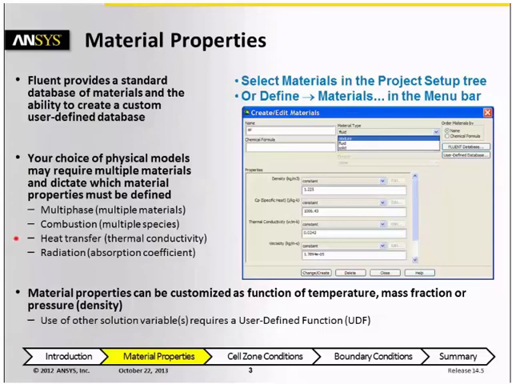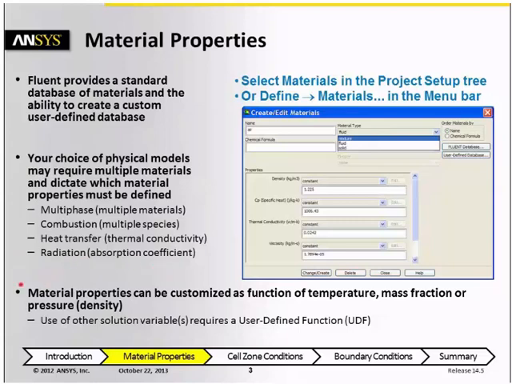For problems with heat transfer, you need to provide thermal properties such as thermal conductivity, but if heat transfer is not activated, then the thermal conductivity entry will not appear in the materials panel. Similarly, for certain kinds of radiation models, the absorption coefficient is a required material property input, but if those models have not been activated, then the absorption coefficient doesn't show up in the panel.